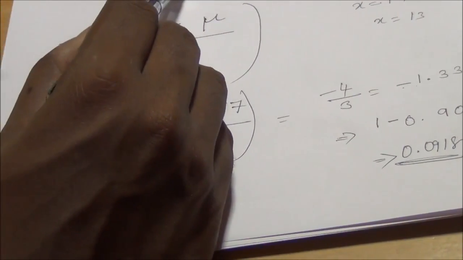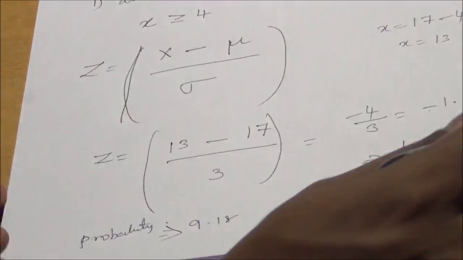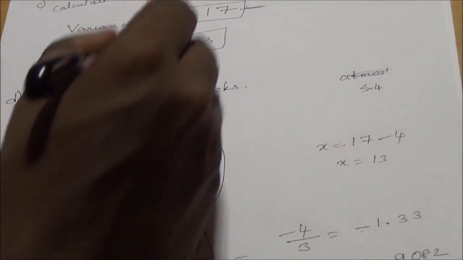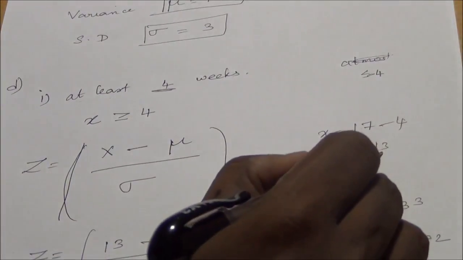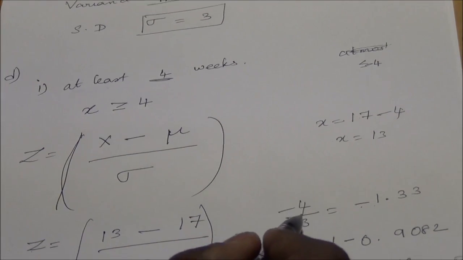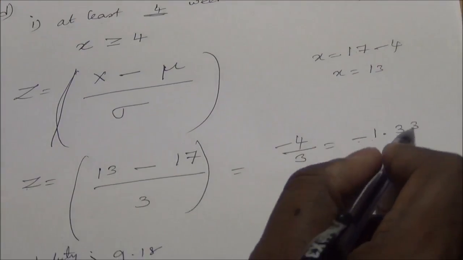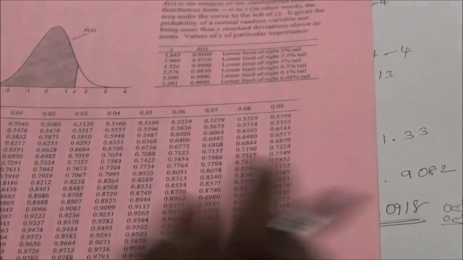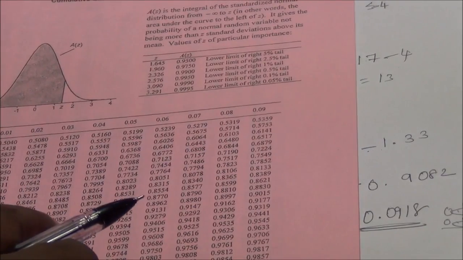If they ask at least 4 weeks, first we have to subtract this from the length, so that is 17 minus 4, that is 13. You apply here 13 minus 17 is minus 4, by 3, is minus 1.33. If it is a negative value, go to this table and look up 1.33.